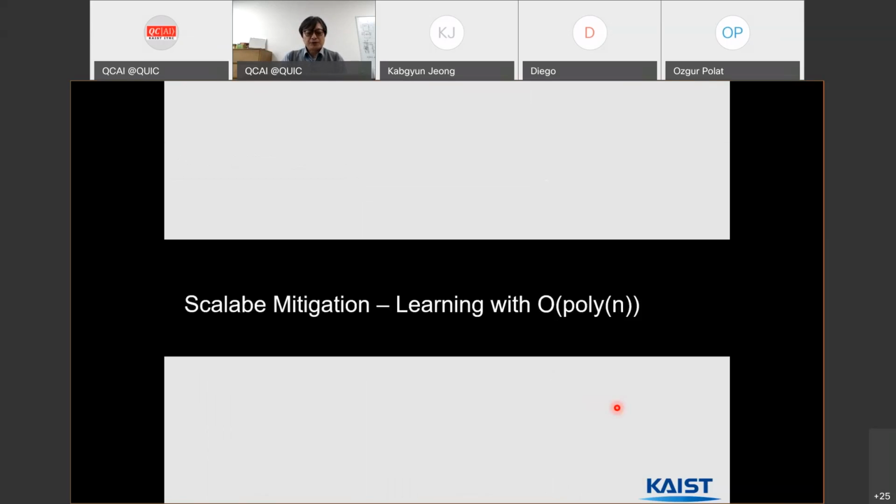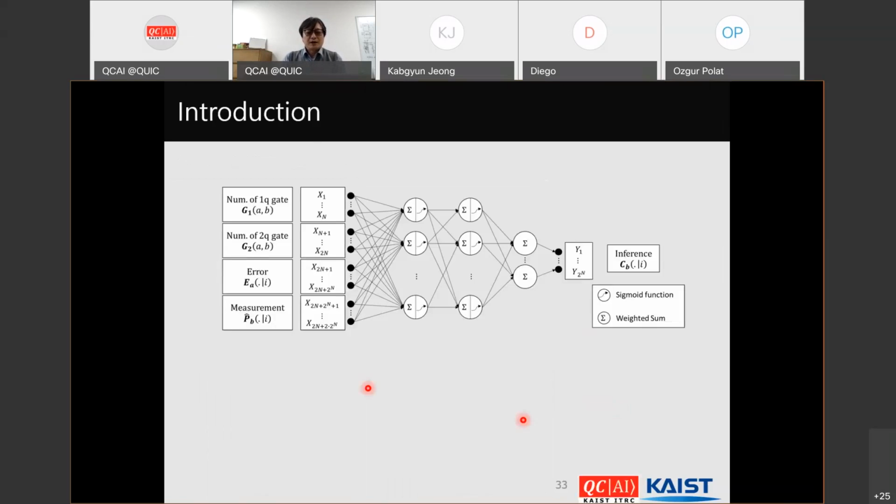Another approach is scalability. We try to resolve the scalability issue. We trained the circuit with just simple information like the number of qubit gates only.